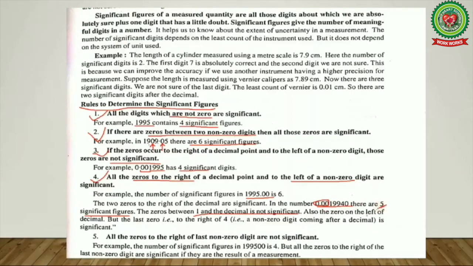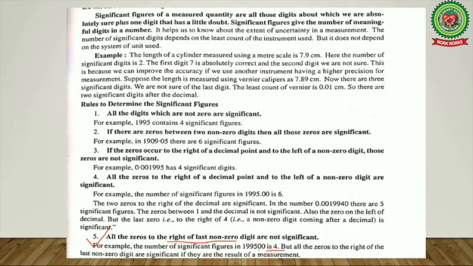Rule number 5. All the zeros to the right of the last non-zero digit are not significant, but there should be no decimal place in between. We are talking about numbers without a decimal place. The number of significant figures in 199500 is 4 only.